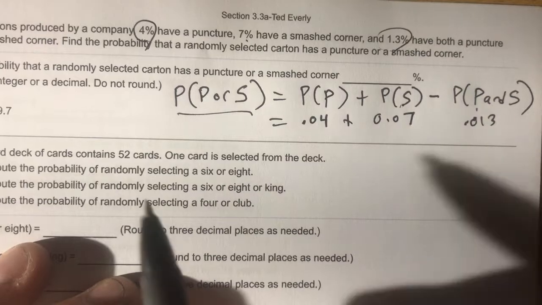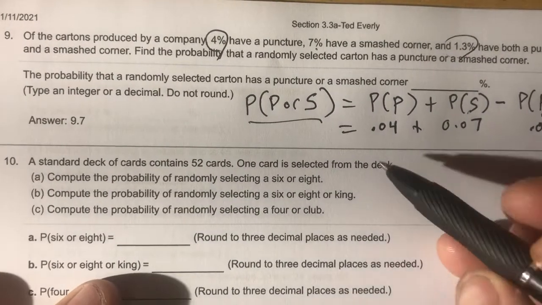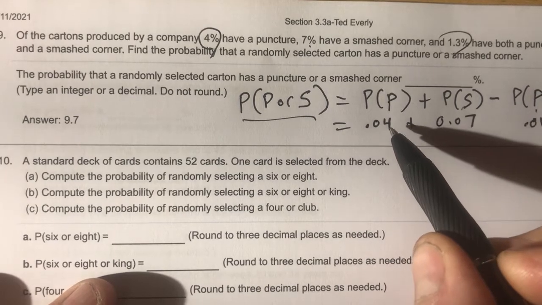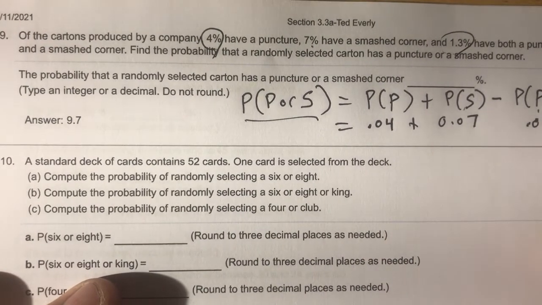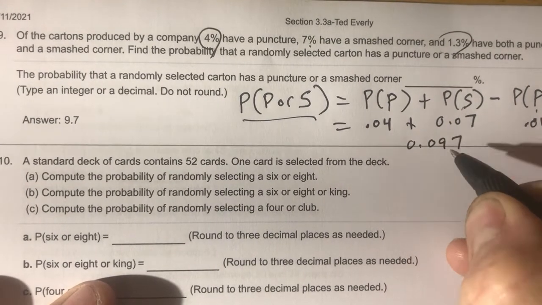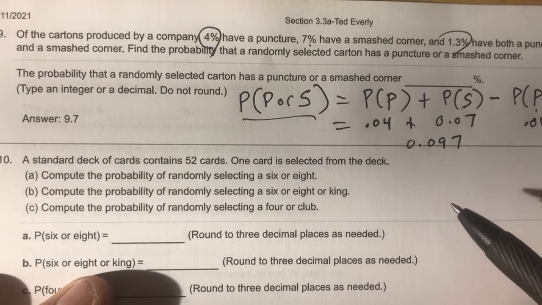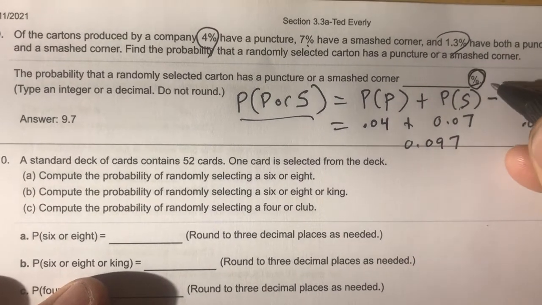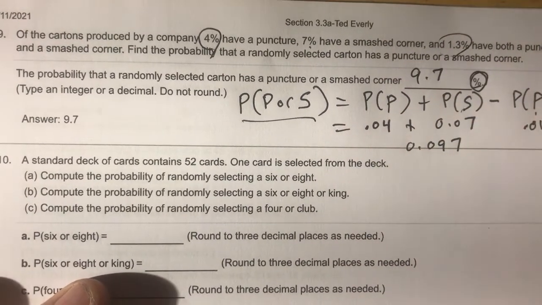If I add these up, that's 0.04 plus 0.07 is 0.11, minus 0.013, which is 0.097. It said percent right there, so I didn't catch that. So move this back to 9.7%.